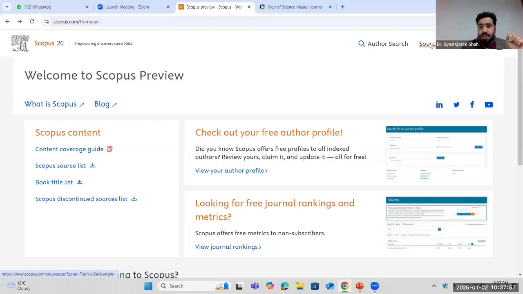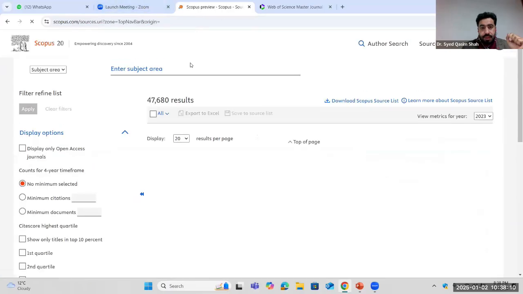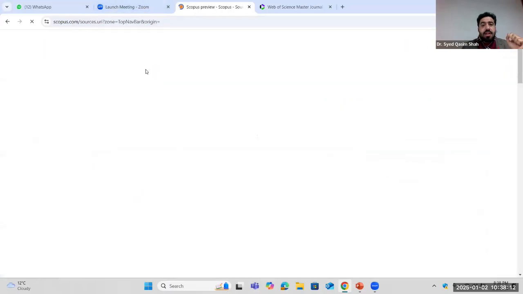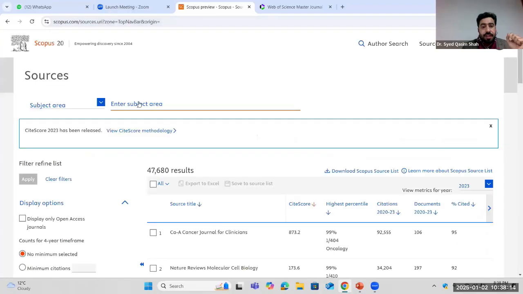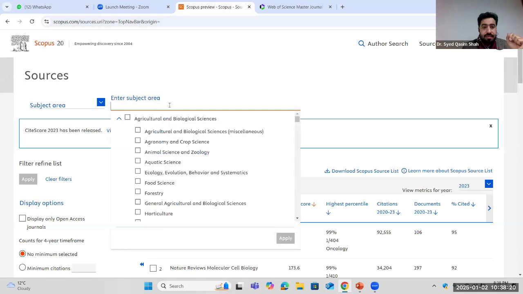If we click on sources, a different window will open. Either you can use subject area or enter a subject area. Let's say I'm interested in food science. Apply.